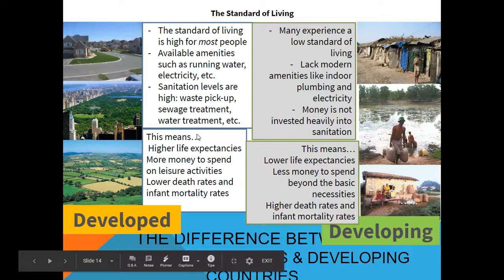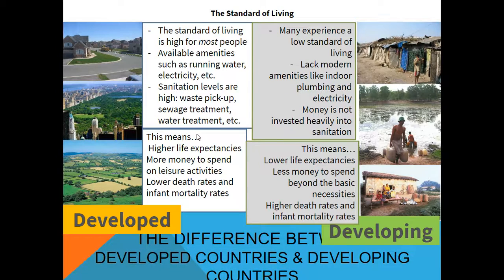The standard of living is higher. People are living longer. People have more money to spend, which leads to more businesses. Think about it. The more money in an economy, the more jobs in an economy, the more businesses there are, the better your economy is.